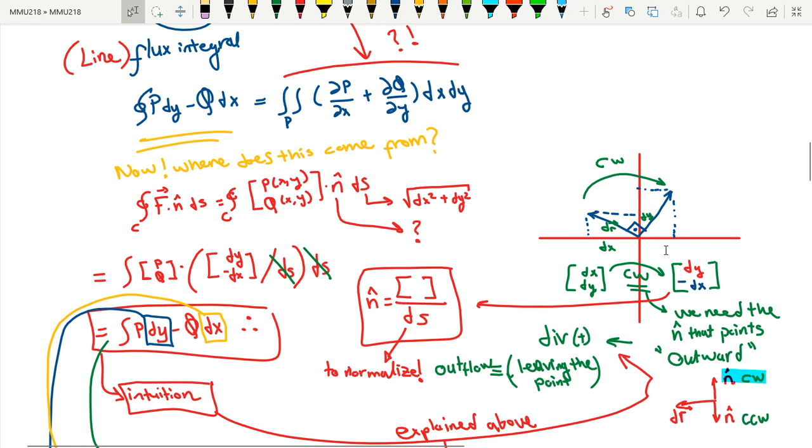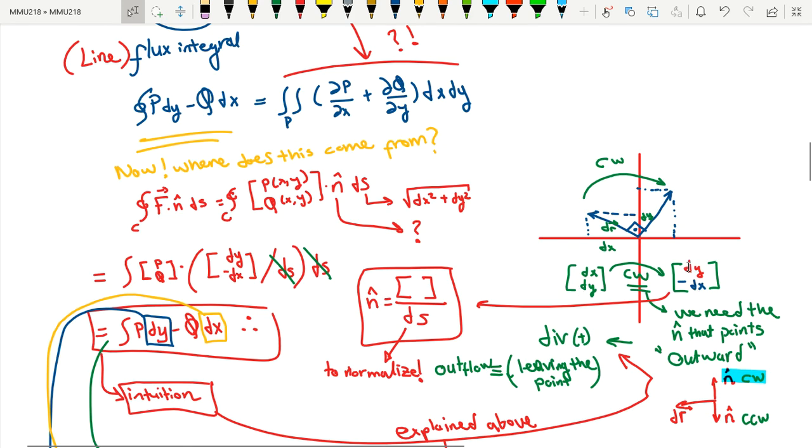But how do I do this rotation? This I think I have talked about maybe two lectures ago, somewhere around there. Please remember or go back to that, or just learn it from here. If I have dx dy, how do I rotate it 90 degrees exactly? I will swap the components.